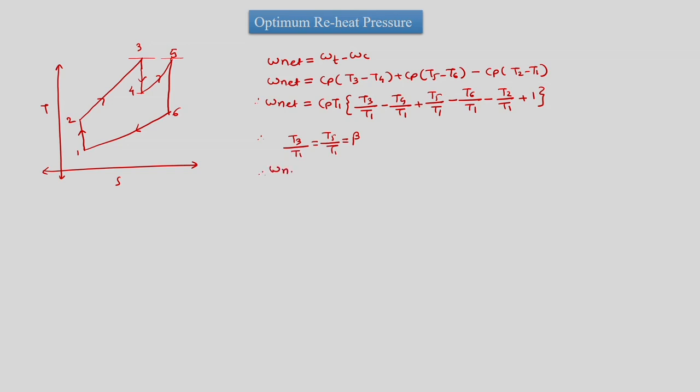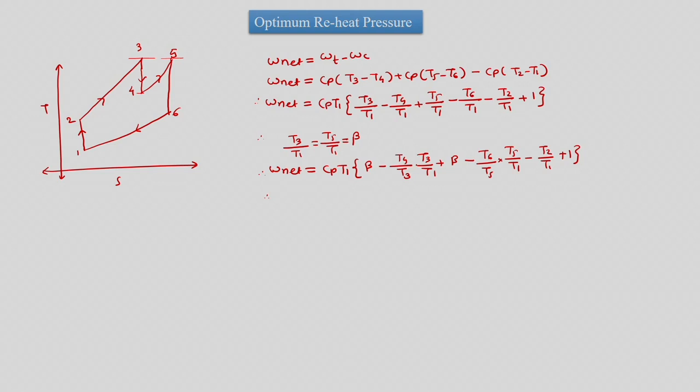So with this we can write down W net is equal to Cp T1, and this T3 by T1 is beta minus T4 by T1, and then we can write down as T4 by T3 into T3 by T1 plus T5 by T1, and T5 by T1 is also beta minus T6 by T1. For that we will write T6 by T5 into T5 by T1 minus T2 by T1 plus 1.